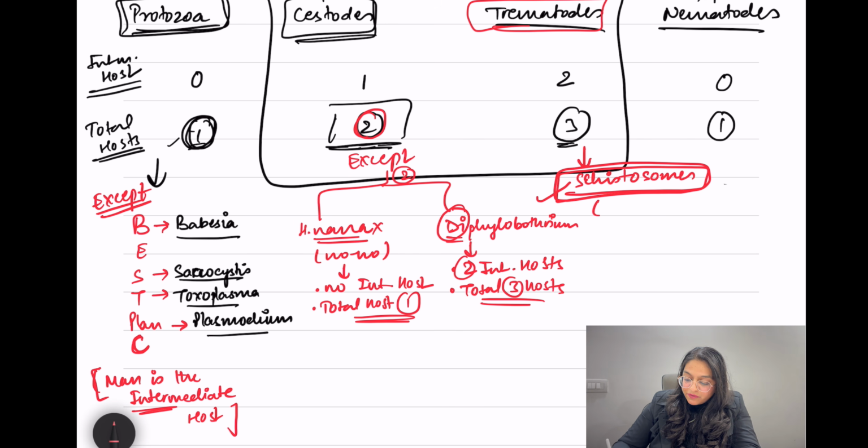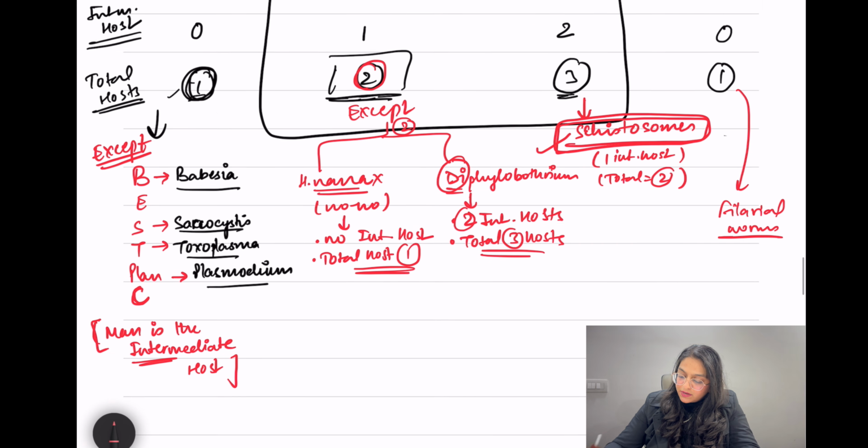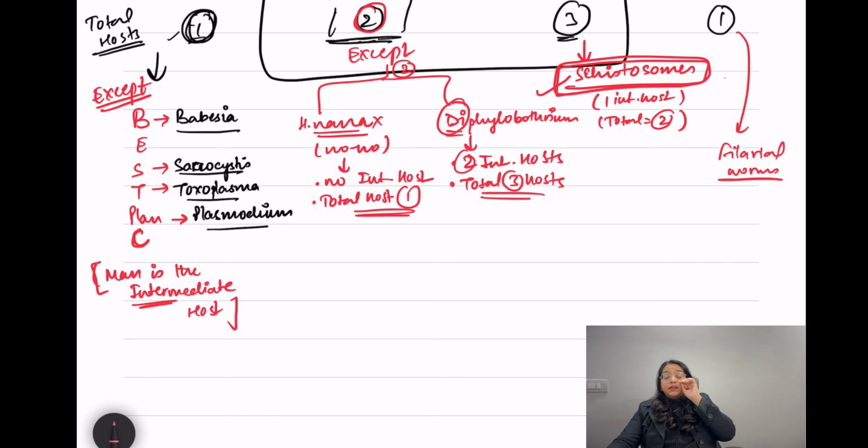They have only one intermediate host. So total hosts are 2. And amongst the nematodes, all have only one host except the filarial worms.